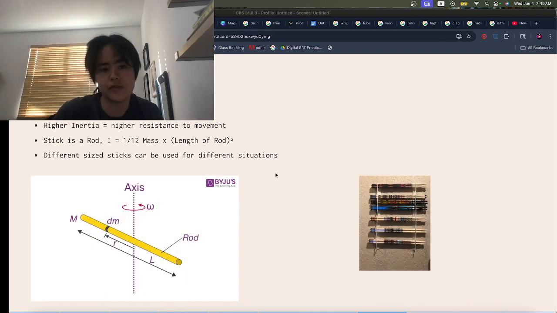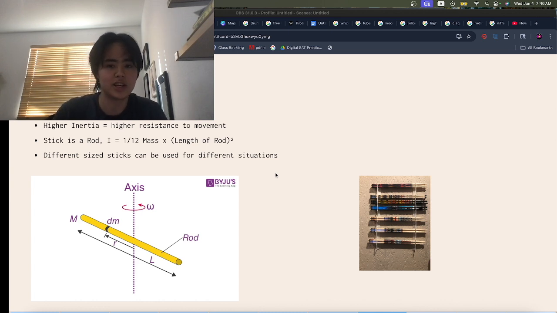Okay, let's talk about moment of inertia real quick. The inertia is correlated with the mass and the radius. A higher inertia will mean a higher resistance to movement. Because the stick looks like a rod, I will use the rod formula from the center, which is 1/12 times the mass times the length of the rod squared. This means that a higher mass and longer length rod will have a higher moment of inertia and more resistance to movement.